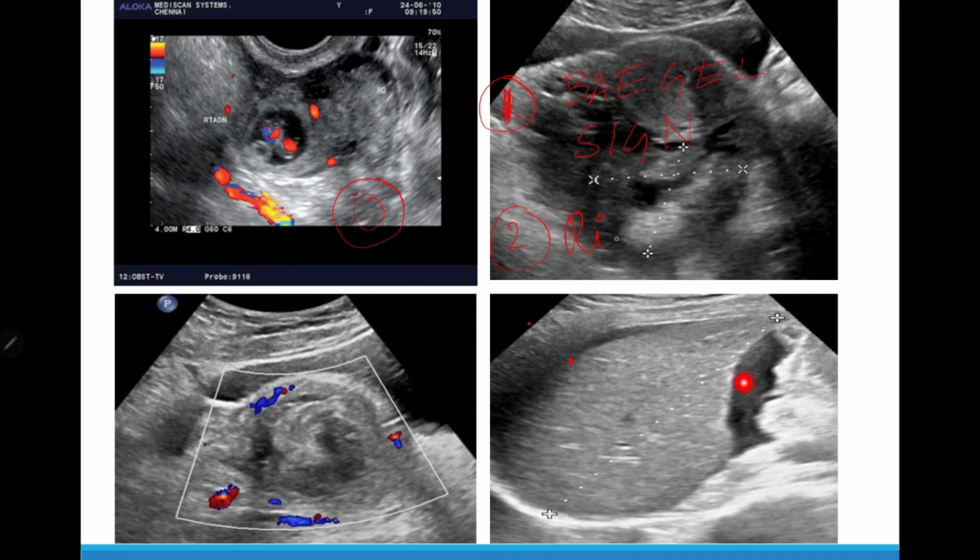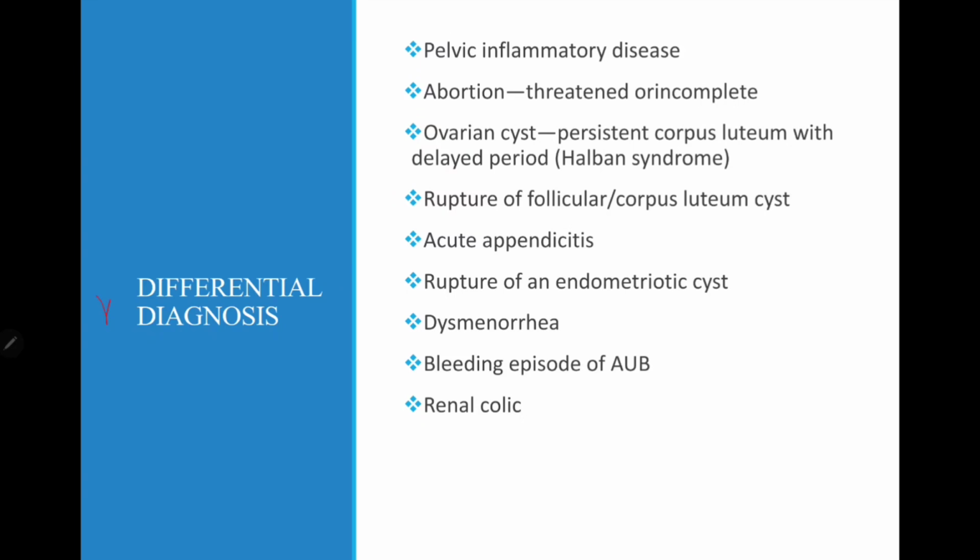If you are doing a venous Doppler, you can see a ring of fire appearance around this. So just remember these two signs: bagel sign and ring of fire are seen in ectopic pregnancy ultrasound findings. Now let's move on to the differential diagnosis.